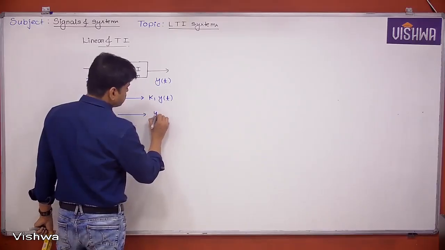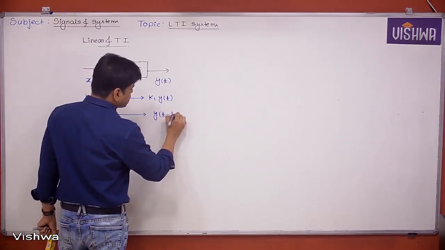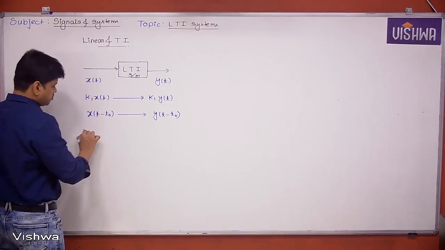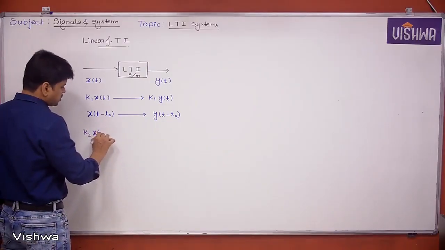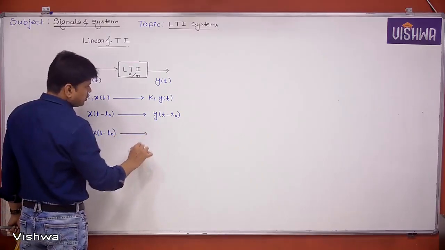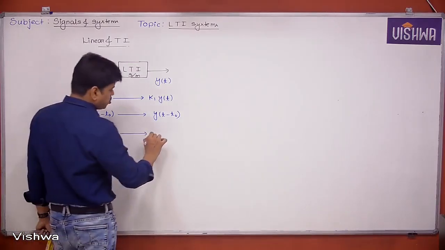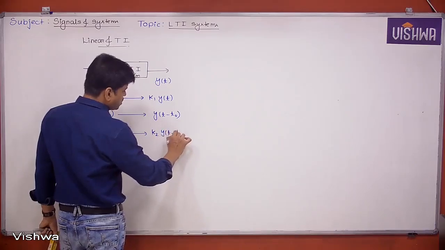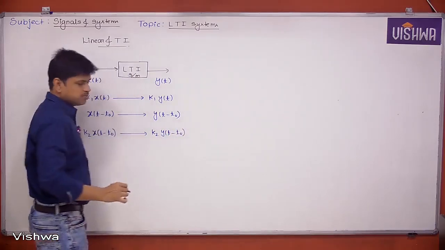So that is nothing but y of t minus t naught. Suppose I take k2 x of t minus t naught as the input, then the corresponding output is k2 y of t minus t naught, because of homogeneity.